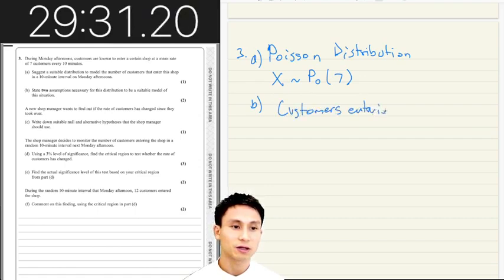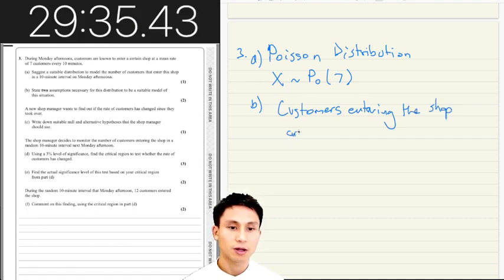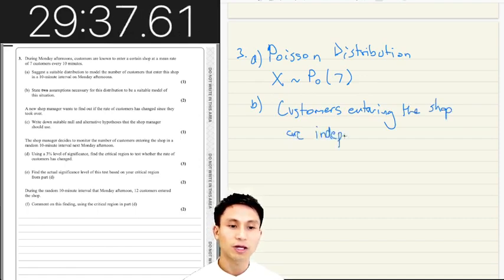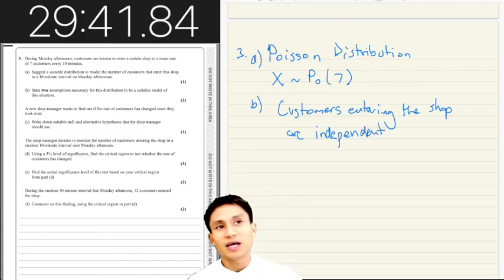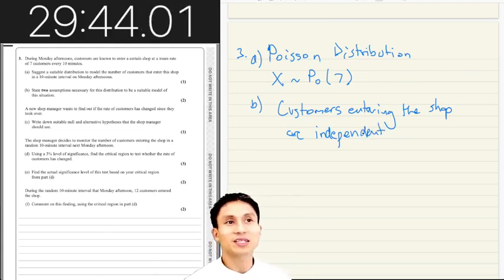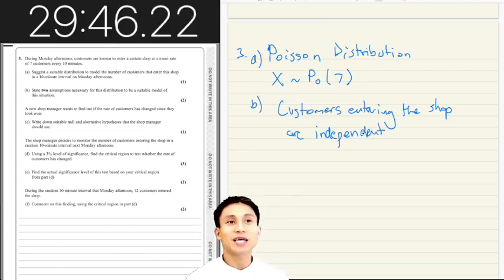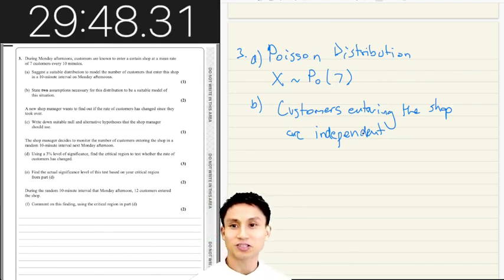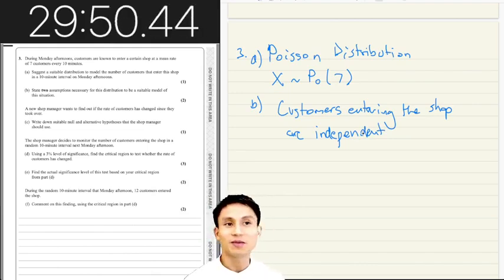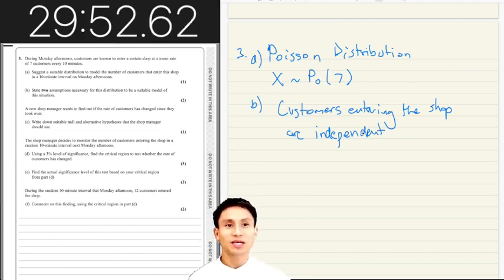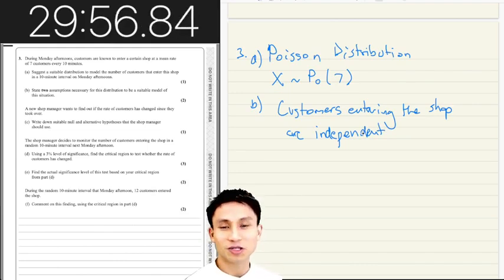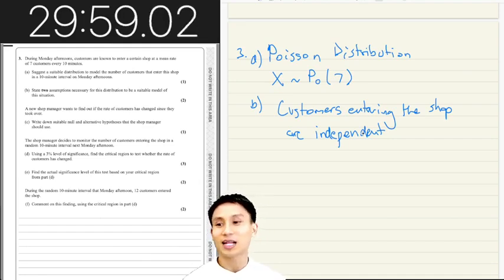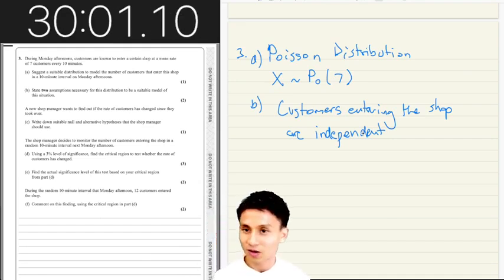In reality, that means if customer A enters the shop first, the next customer will be just as likely to enter as customer A. It's not like, oh, there are too many customers in the shop, maybe the next customers are more reluctant to enter. No, it's not like that. They're all independent.